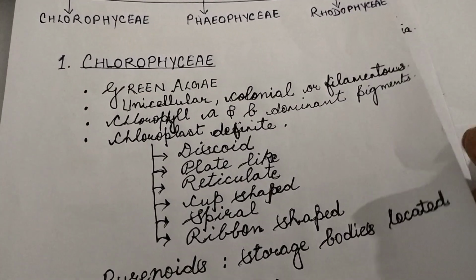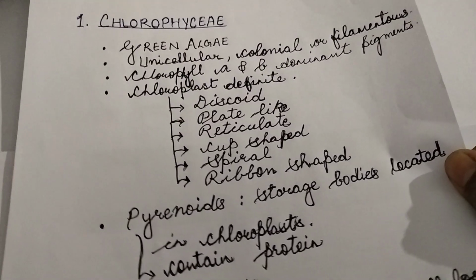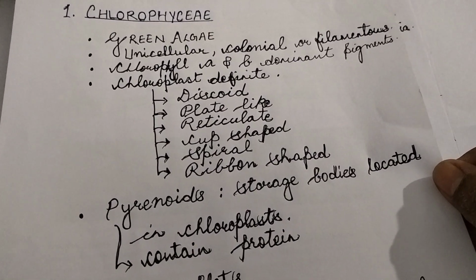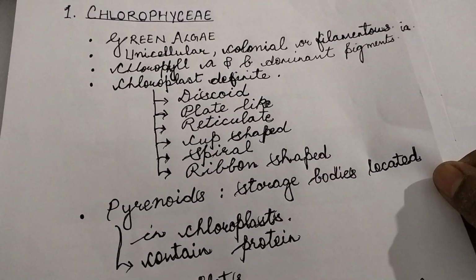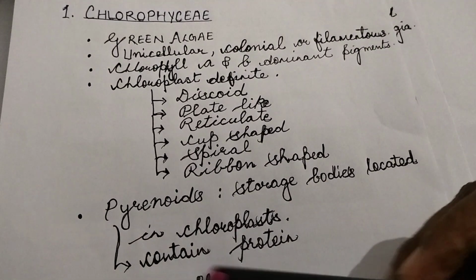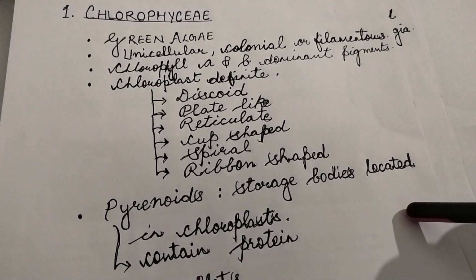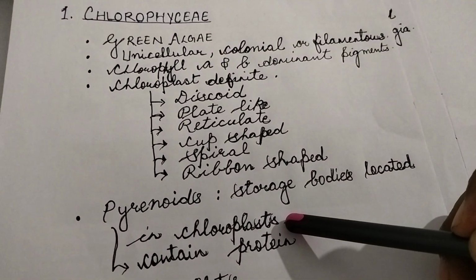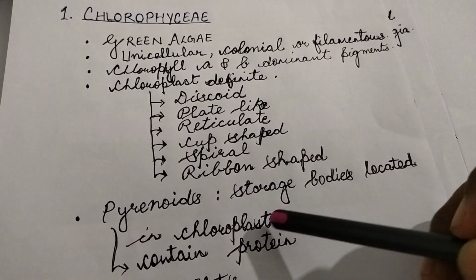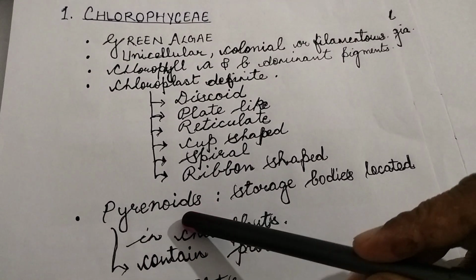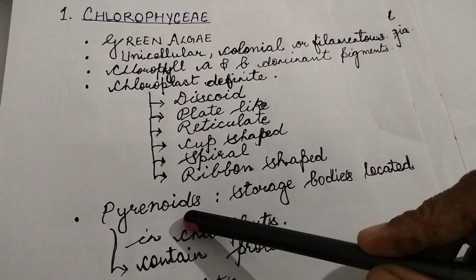Now, most of the members have one or more storage bodies, and these storage bodies are located in chloroplasts. In green algae, Chlorophyceae, they are pyrenoids.